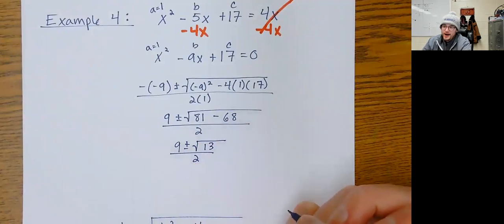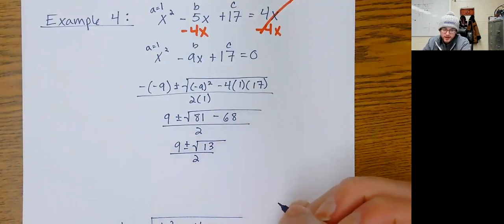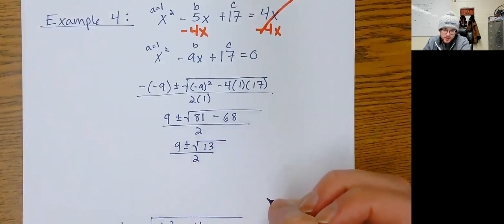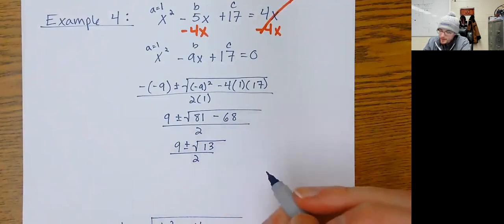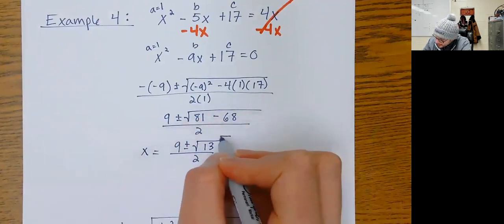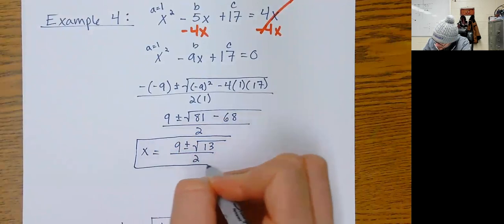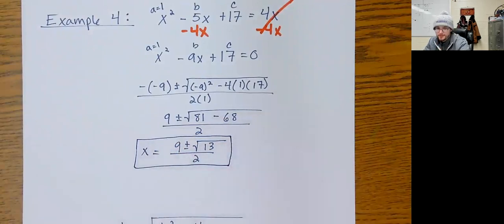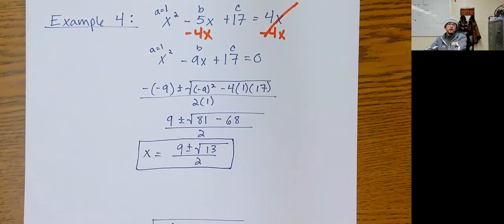Again, 13 is a prime number. You can't simplify 13. It's prime. It also doesn't have a square root. Nothing goes into it. It's prime. So x equals that is the answer. All right.